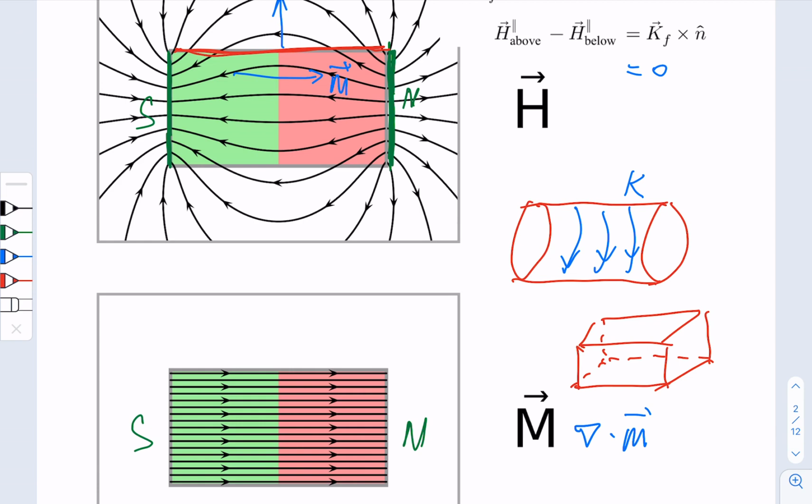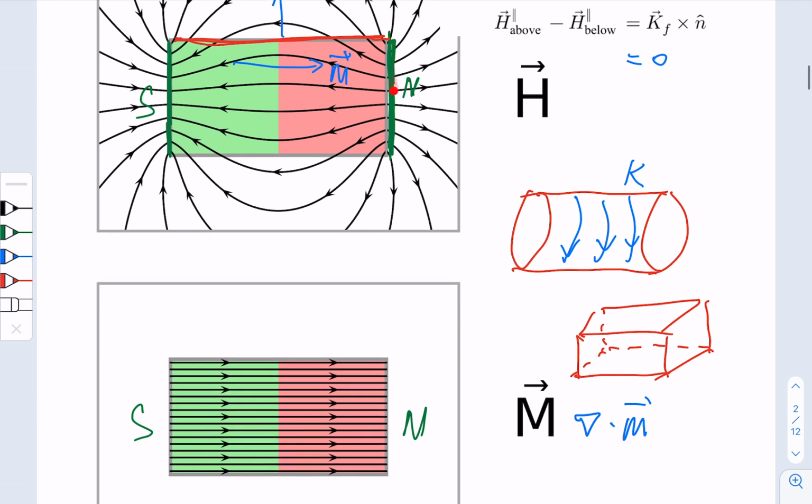So that's the mathematical meaning of magnetic monopole. So you have to remember that this is not physical, and in reality, this problem is produced by the surface current running over the sides, and this magnetic monopole is only a mathematical tool for you to easily solve the problem.